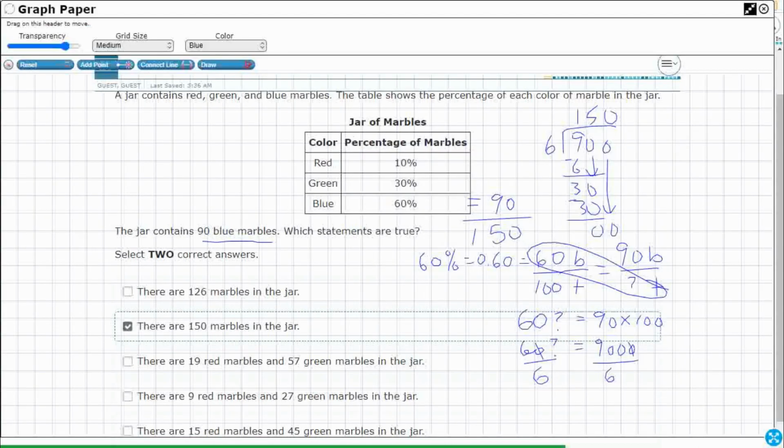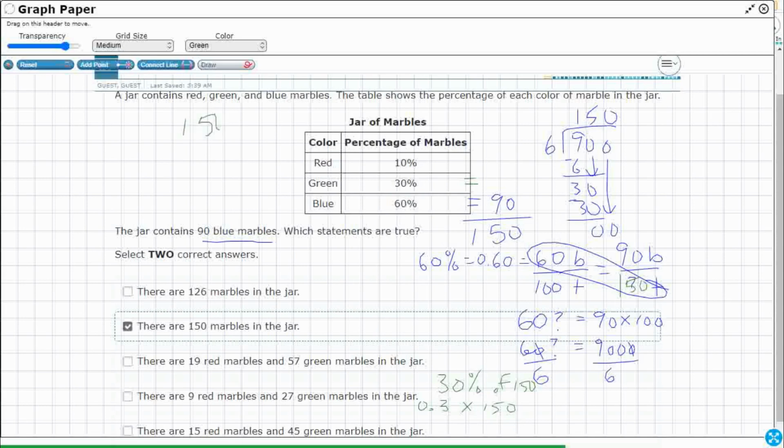So let's go ahead and figure out how much each of these other ones are, right? So my green, since my total is going to be 150, well, I could say 30% of my 150, right? So 30% of my 150, that's going to equal 0.3 of means times. So I'm just going to multiply 150 times 0.3.